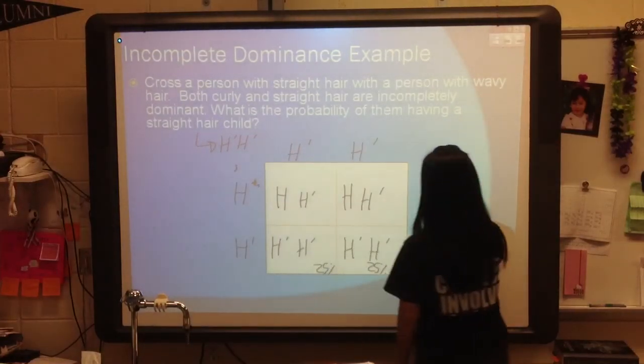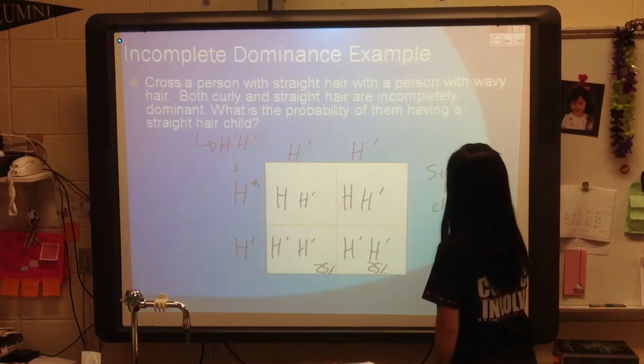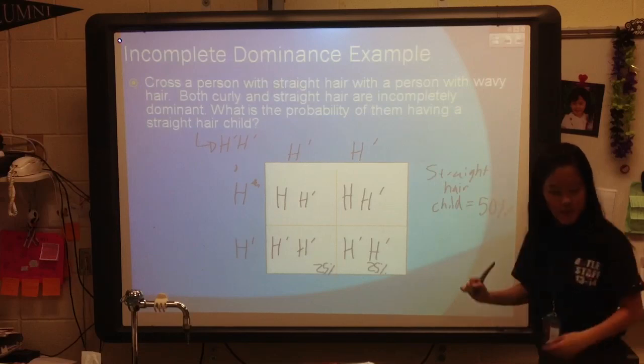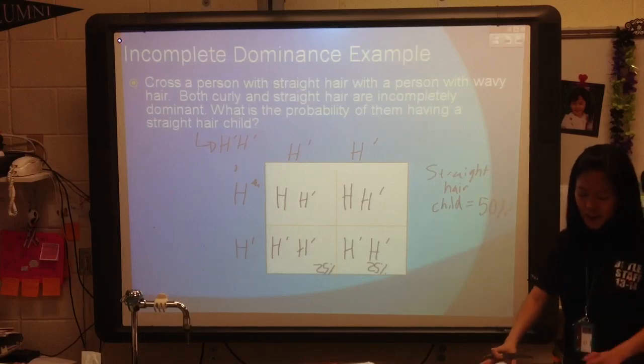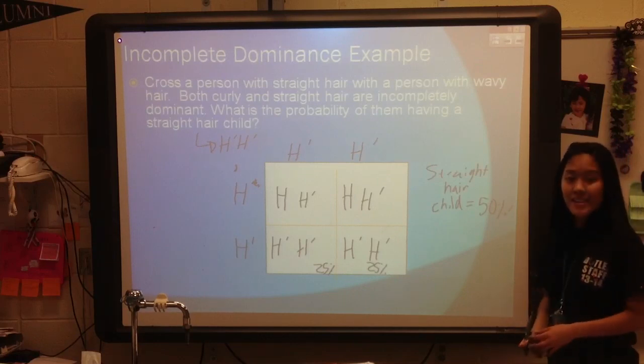For them to have a straight-haired child, that's going to be a 50% chance. And we're actually just going to stop there for today, and we'll talk about multiple alleles and sex-linked genetics later on.